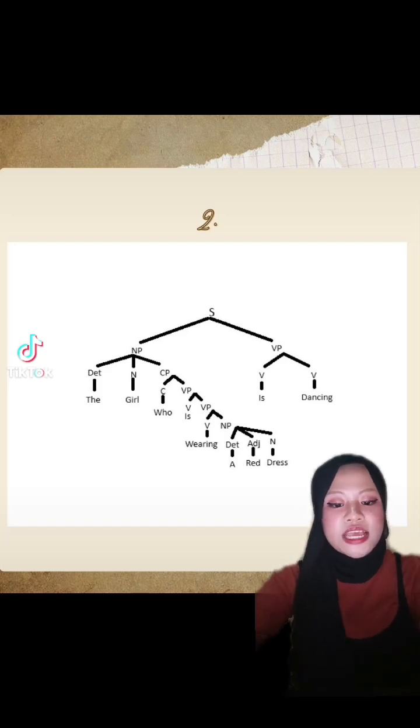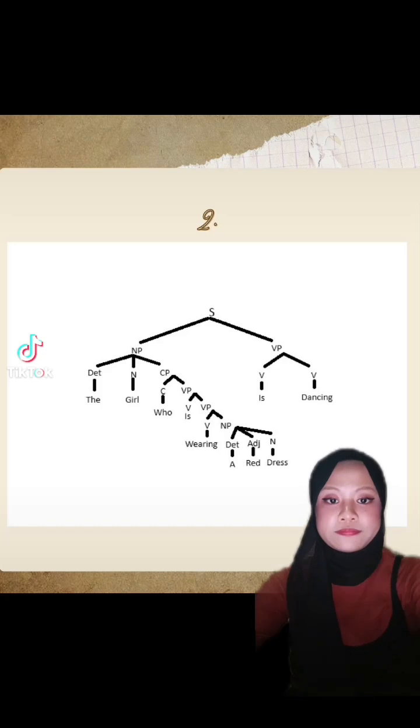In essence, the deep structure reveals that the sentence is fundamentally about a girl who has a specific characteristic or action, which is wearing a red dress, and this girl is performing the main action of dancing.